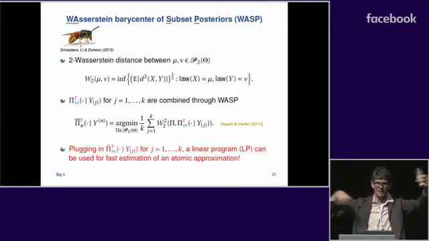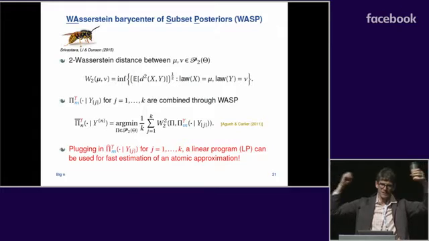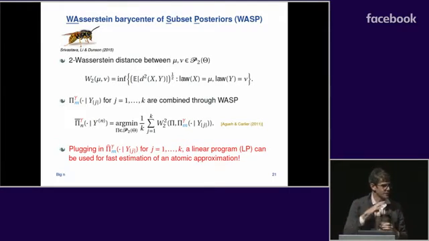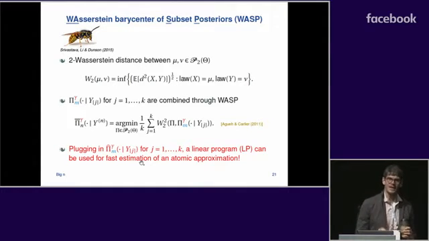We just run it in parallel using whatever MCMC algorithm. We take those samples and plug them into this discrete optimal transport problem to calculate the barycenter. It's a sparse linear program that we can calculate very quickly, and that's all we do. It also gives you an atomic approximation, because it takes those samples and reweights them. At the end of the day, we have weighted samples from the full posterior distribution given the whole data, and we can use that to calculate any posterior summaries we want for any functional quite easily.